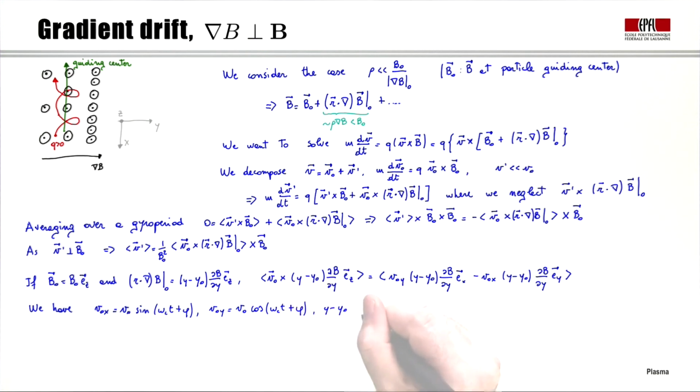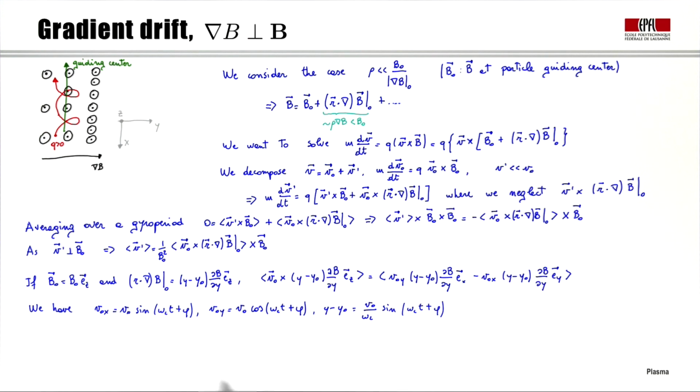And y minus y0 can also be evaluated and will be equal to V0 divided by the cyclotron frequency omega c, times sine of omega c t plus phi. Phi here is a phase shift that will be determined by the initial condition of the particle.